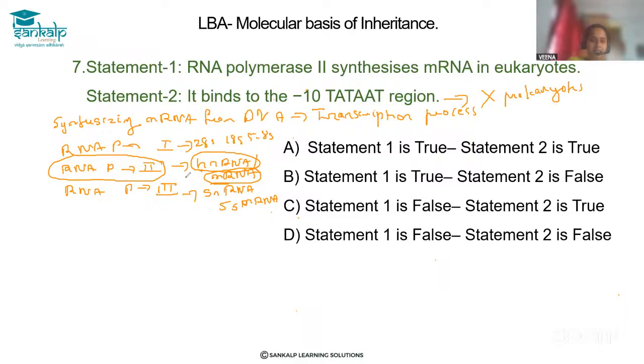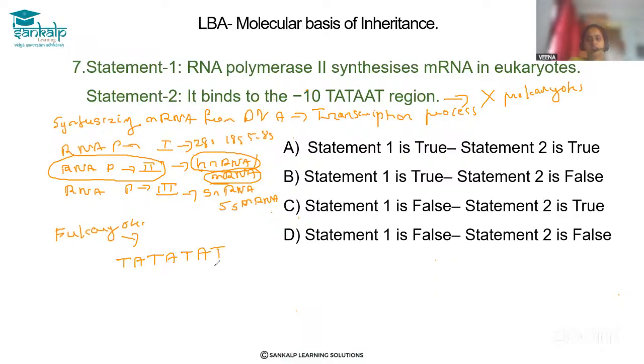But in case of eukaryotes, it binds to the region which contains 7 base pairs, TATA.